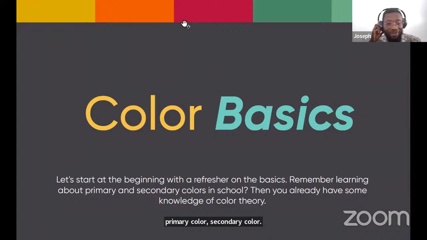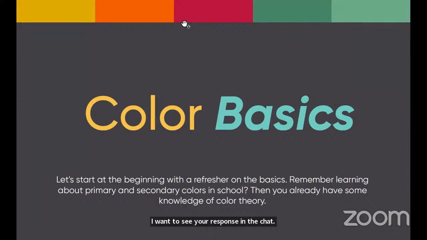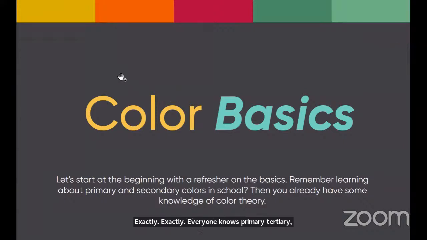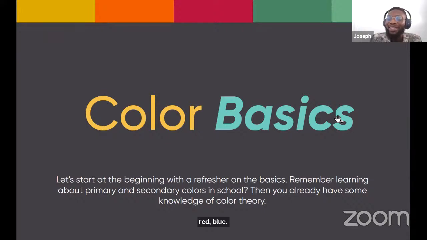True or false? I want to see your response in the chat. Everybody knows primary. True. Exactly. Everyone knows primary, tertiary. So, primary colors, I think they are red, blue, and green. Yeah. Very exactly. Don't worry, we'll get to that.